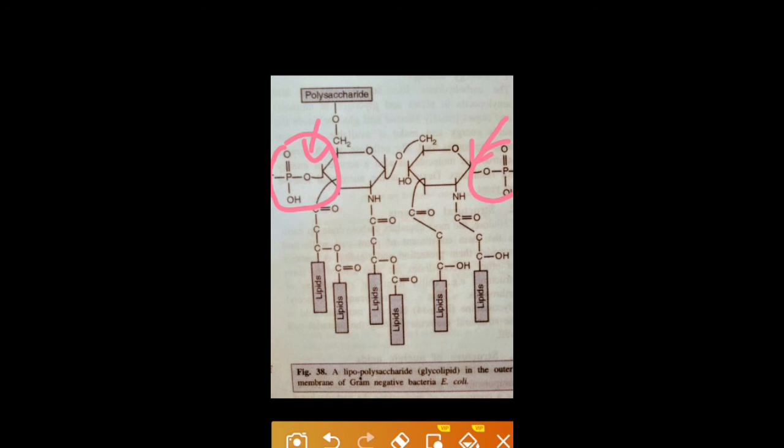And carbon number 6 of the first residue is also linked to a large polysaccharide, and this polysaccharide chain involves about 50 to 60 residues, representing 8 different monosaccharides.